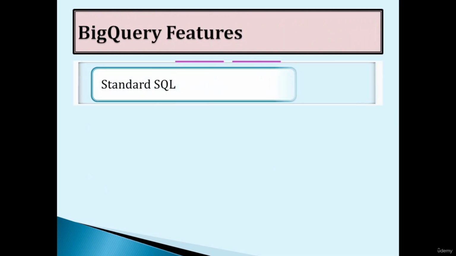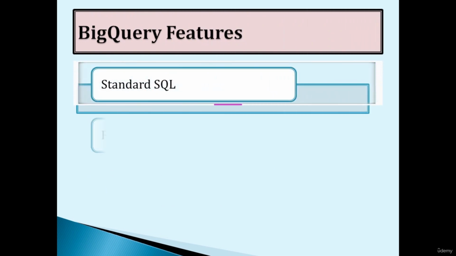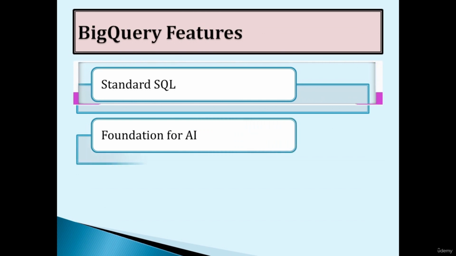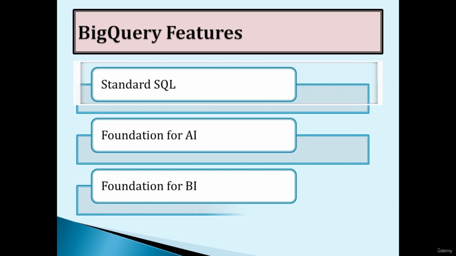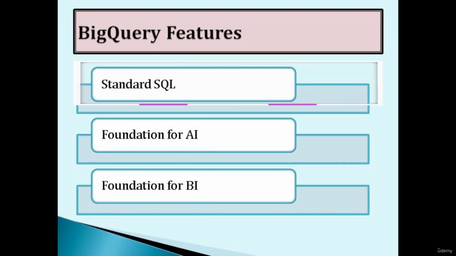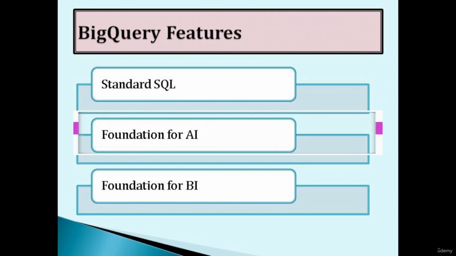Seventh is standard SQL. BigQuery supports a standard SQL dialect which is ANSI 2011 compliant, reducing the need for code rewrite and allowing you to take advantage of advanced SQL features. BigQuery provides free ODBC and JDBC drivers to ensure your current applications can interact with BigQuery's powerful engine. This is a savior for less knowledgeable people like me who hate learning new stuff every day.